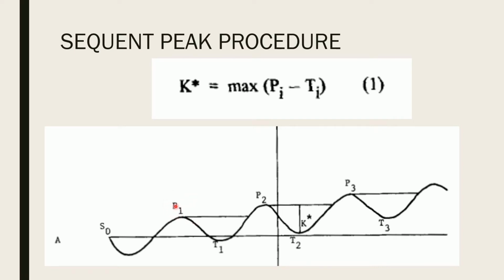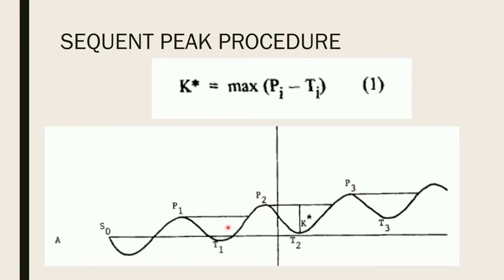And each successive local maximum greater in value than the previous labeled is a sequent peak. So we have here peak number 2, denoted as P2, and peak number 3, denoted as P3.